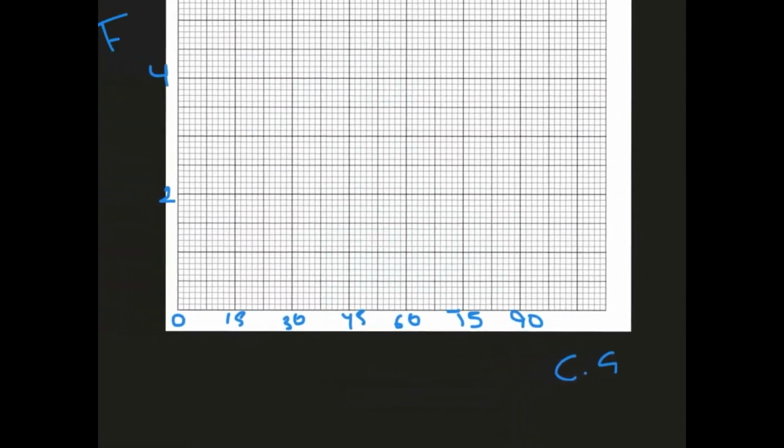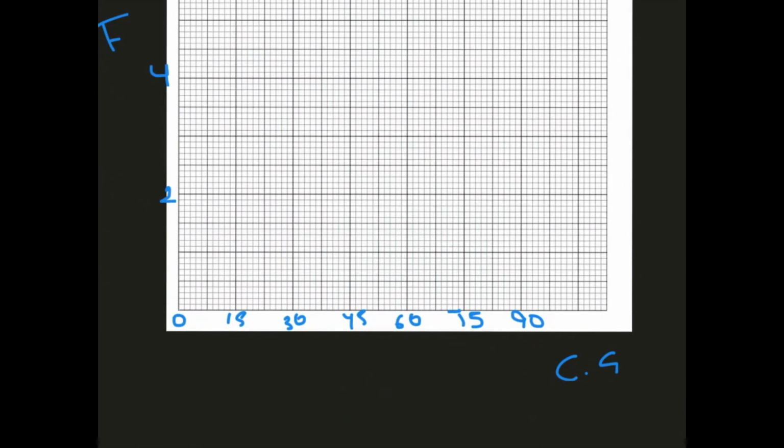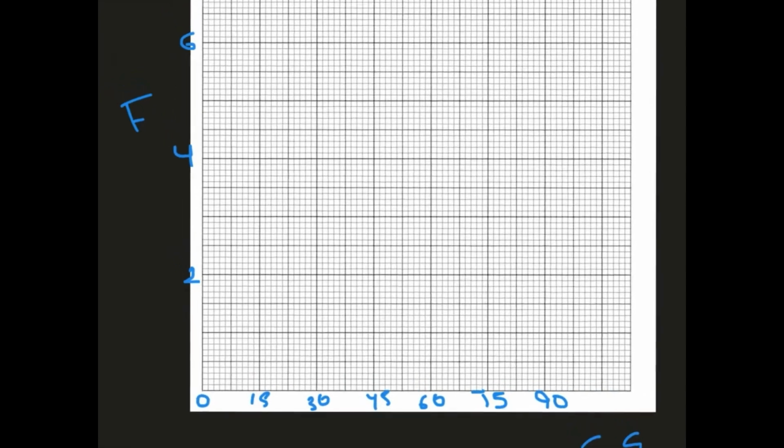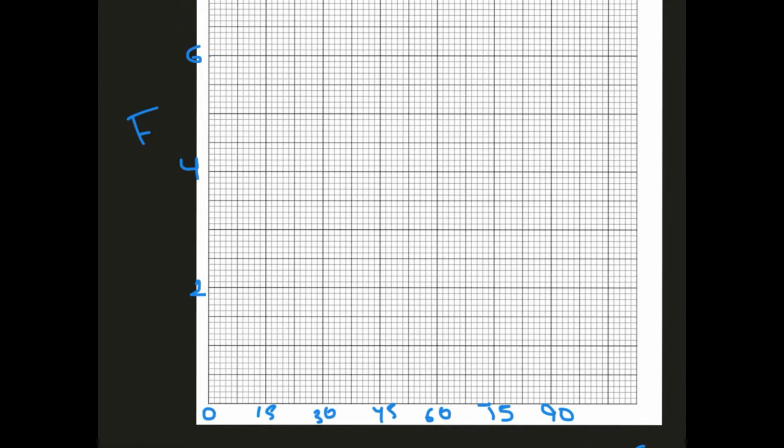So let's see. Our first class group is from 0 to 15 and our frequency is 6. So our column is going to be something like this. Let me just take a scale out. This is our first column from 0 to 15.